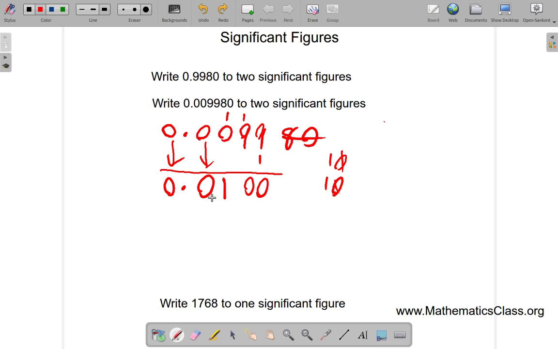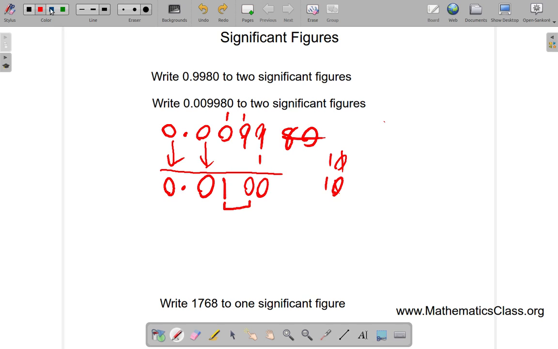Alright, now this is 0.0100. How many significant figures is that written to? First, second. This is actually to 3 significant figures. But we need 2 significant figures, so we will use this and this.